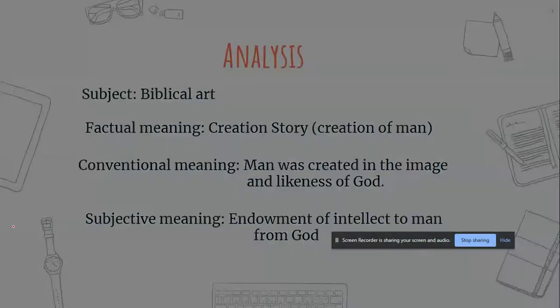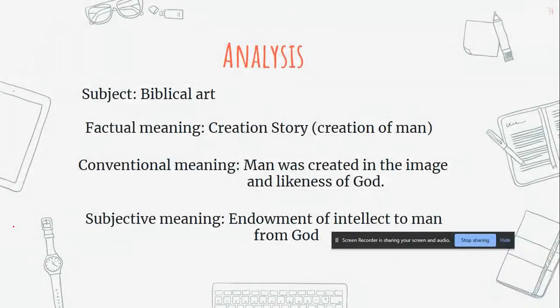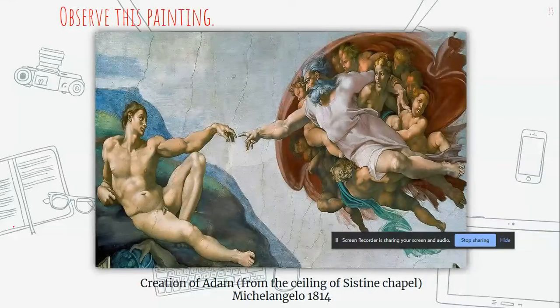Okay. Now here is the analysis of this painting. The subject is biblical art. You could see God here reaching for Adam's hand.